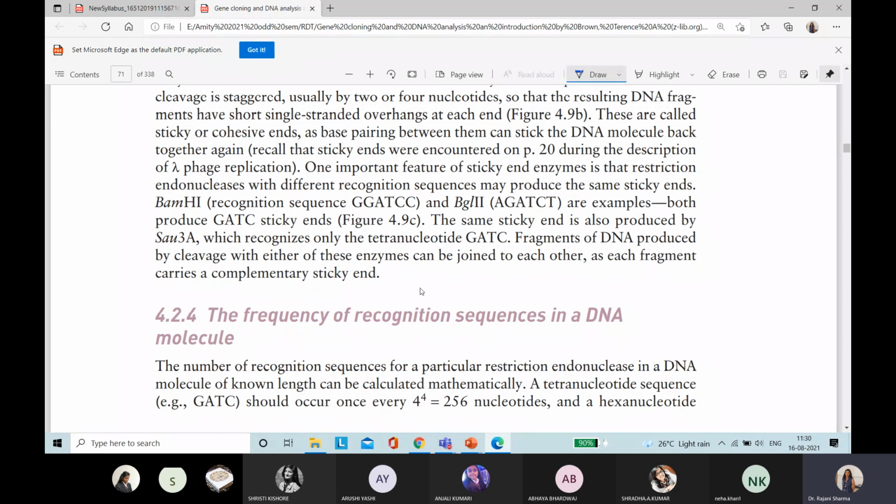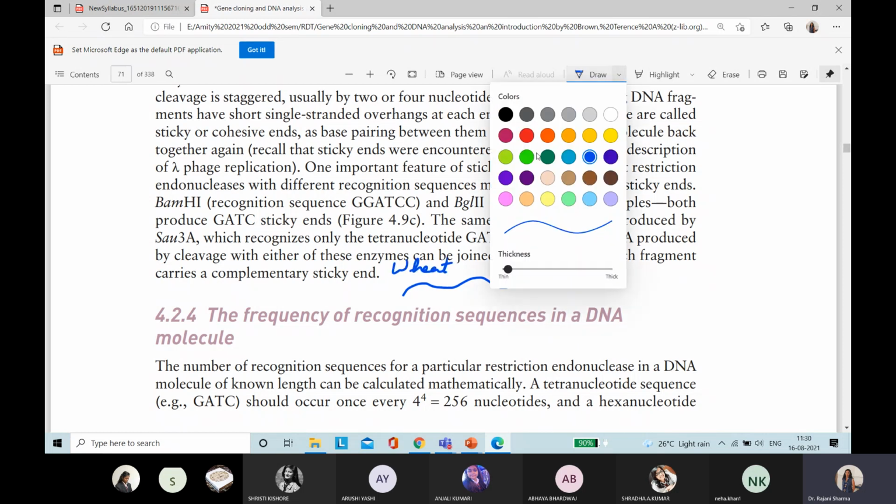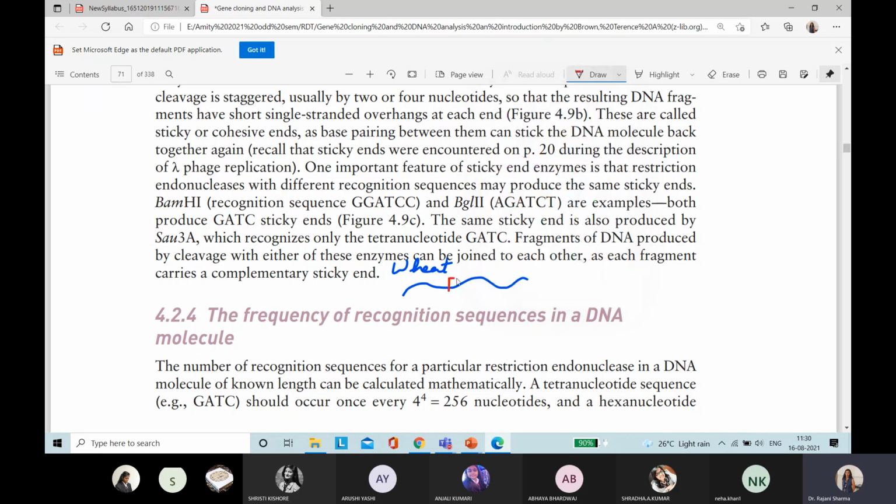It is not my idea, it is from your side, that you have analyzed that a certain sequence of the protein, if inserted inside the host DNA, I am taking particularly the wheat plant, if you insert that desired gene into the wheat plant, then what will happen? This insertion of the gene will increase the yield of the wheat.